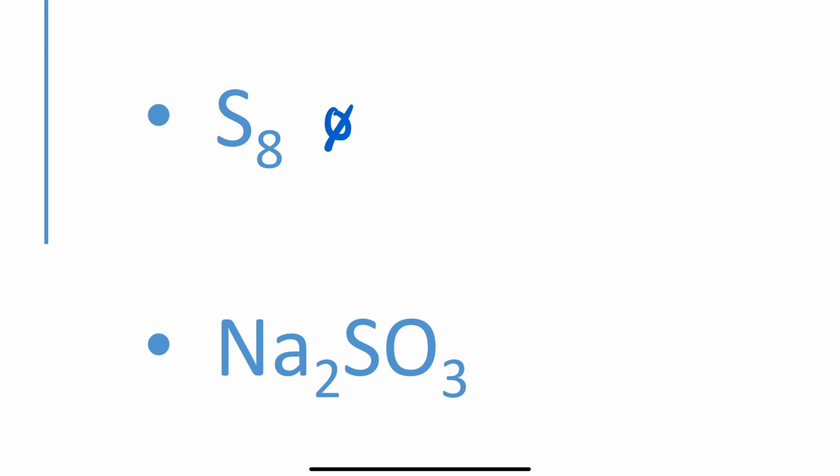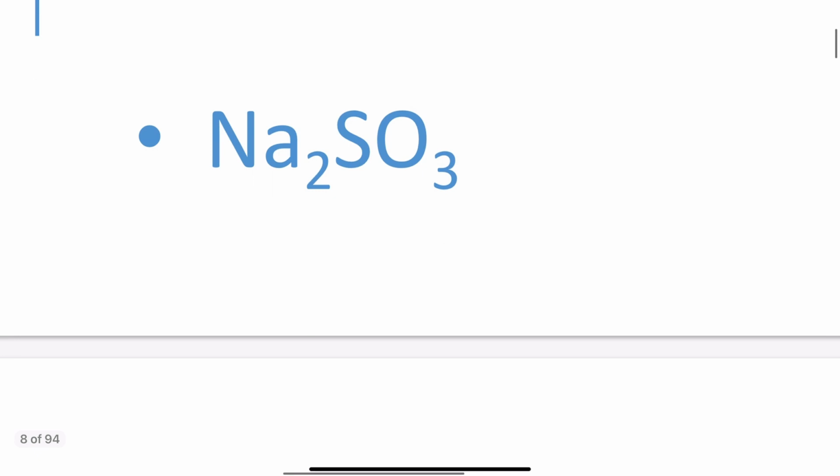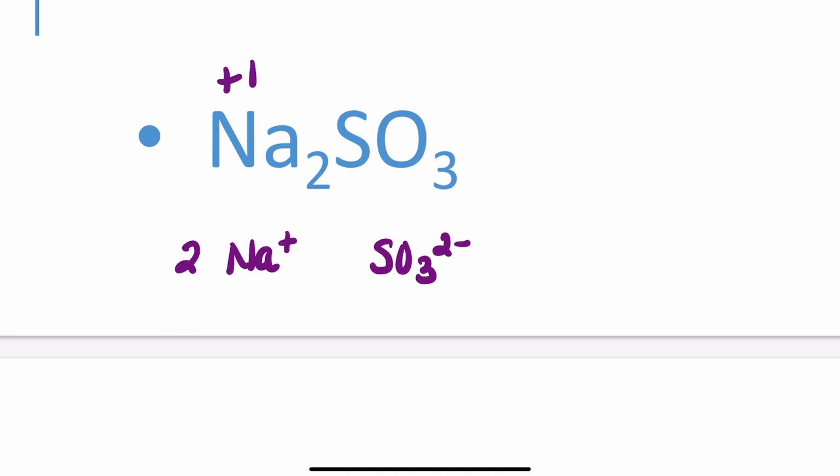What about Na2SO3? This is one of those cases where, again, I would split it apart between the element and the polyatomic. So I've got 2 Na pluses and an SO3 2 minus. The Na plus is telling me right there, +1 charge. Now I've got sulfite instead of sulfate.